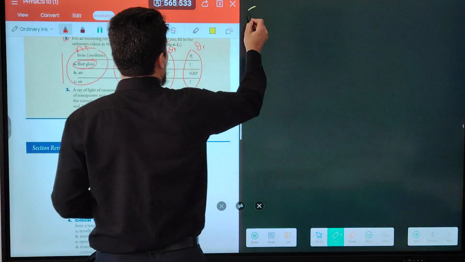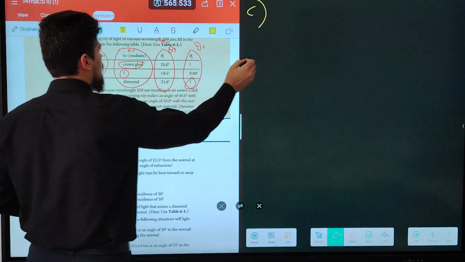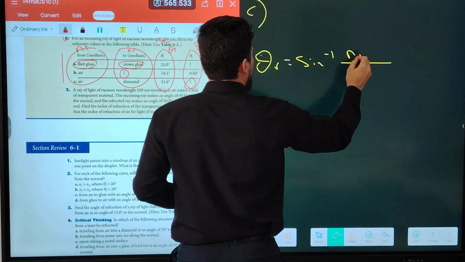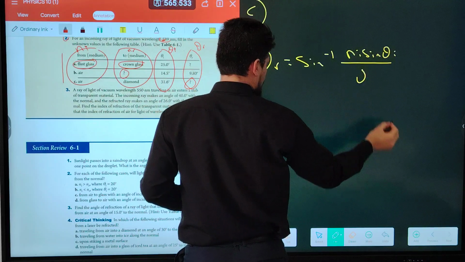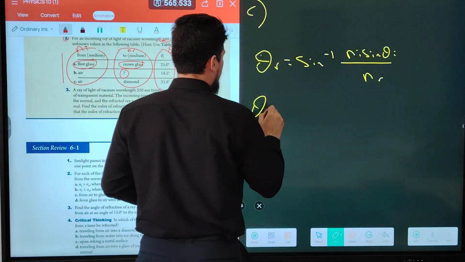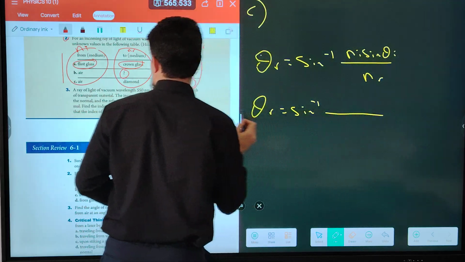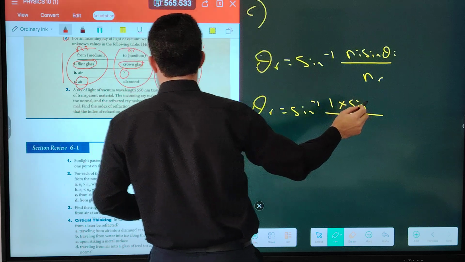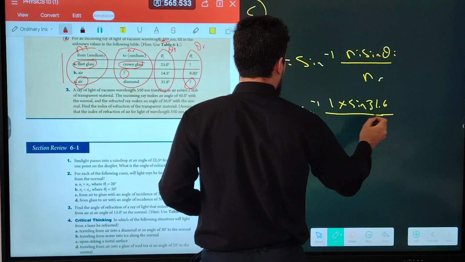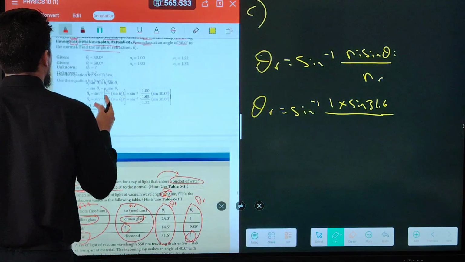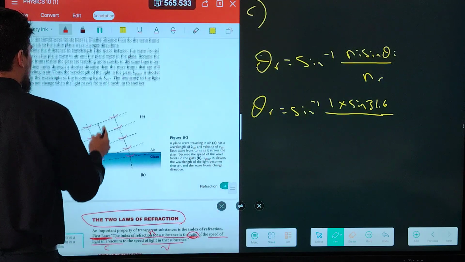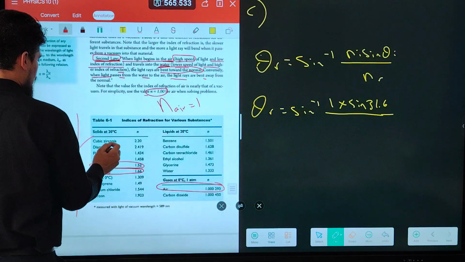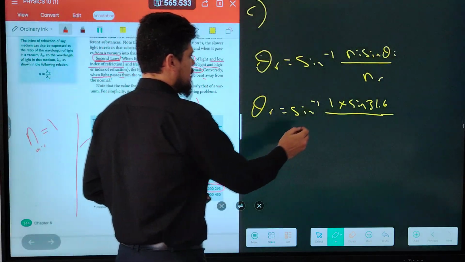Okay? Branch C, what is unknown? Theta r is unknown. Theta r is equal to sine inverse of Ni sine theta I over Nr. Sine inverse of Ni from air 1, sine 31.6 divided by Nr for the diamond. For diamond, Nr is equal to what? Guys, look at diamond, 2.419.